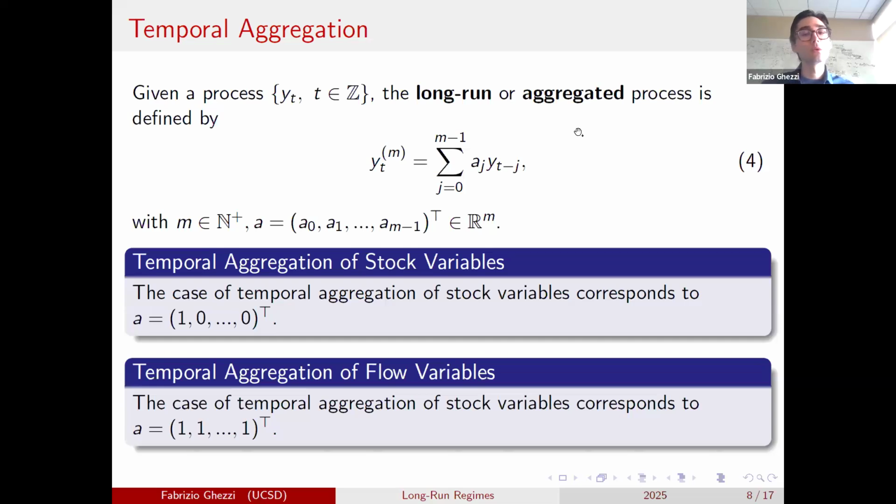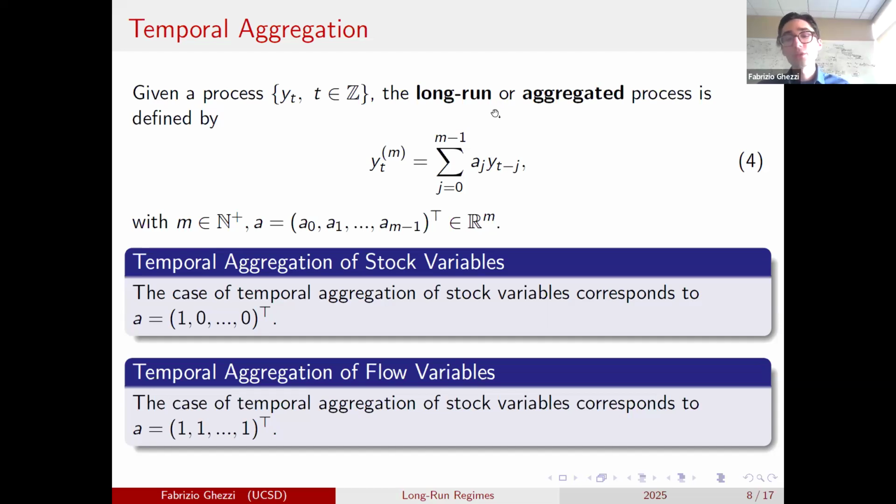And so depending on the weight that you assign in the filter, you can get different temporal aggregation schemes, so different long run processes. That will be a way to get more general results, which allow us to focus not only on what is called flow aggregation, but also stock aggregation.